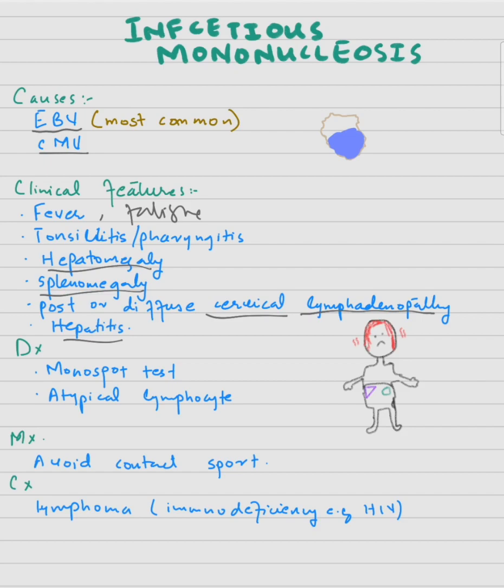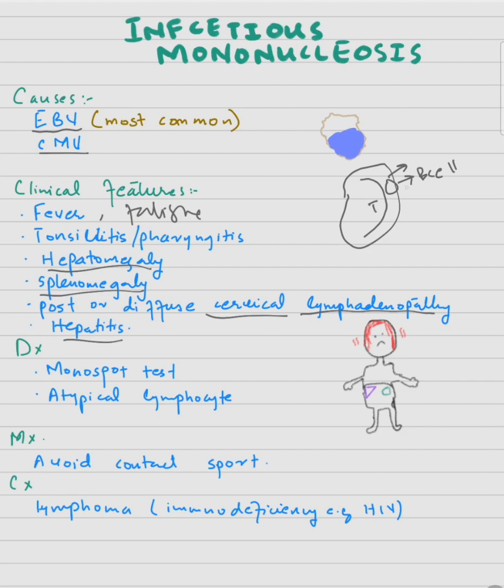The reason for that is, let's say this is the lymph node. The outer area is called the cortex, and that is where the follicles are present. The follicles are B cell areas in the lymph node. Just below it is the paracortex, where our T cells are present.